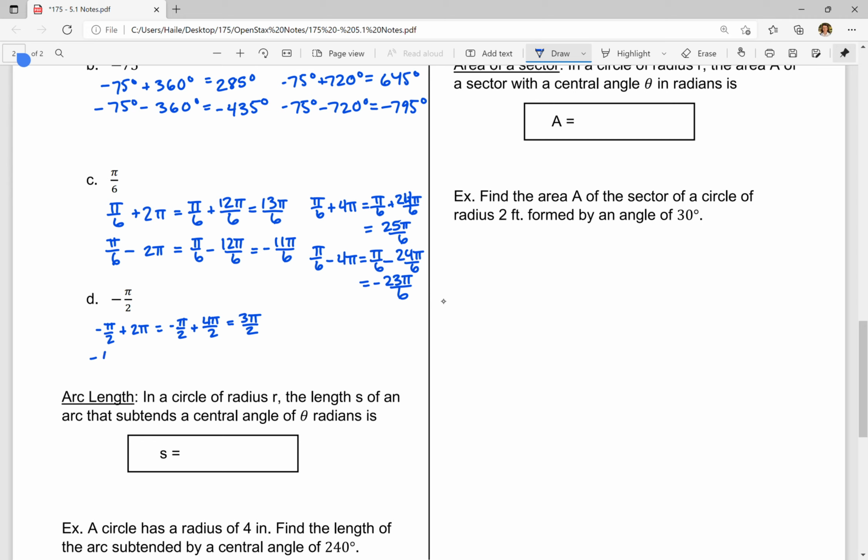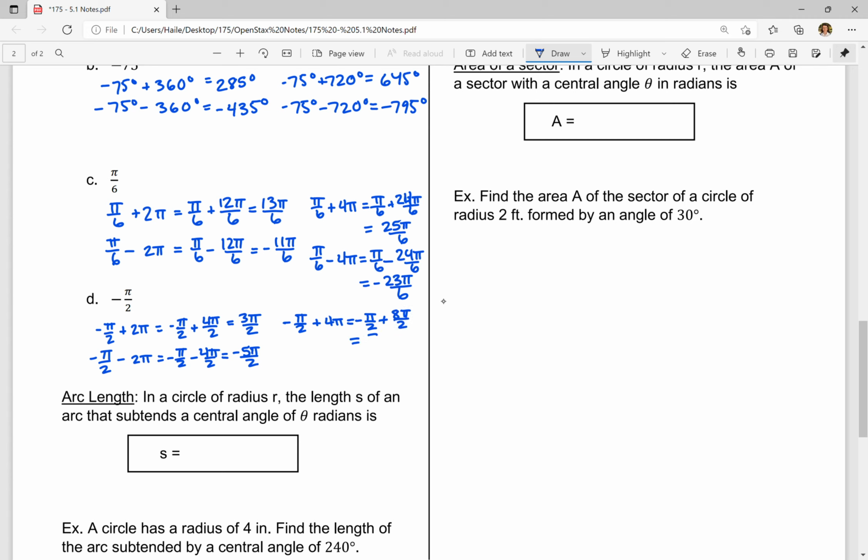So now let's say I want to subtract 2 pi. So I have negative pi over 2 minus 2 pi, which is negative pi over 2 minus 4 pi over 2, which is negative 5 pi over 2. And now let's say I want to add 4 pi. So I'll have negative pi over 2 plus 4 pi, which is negative pi over 2 plus 8 pi over 2.